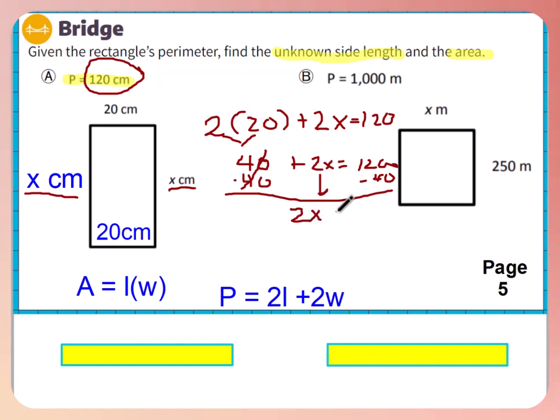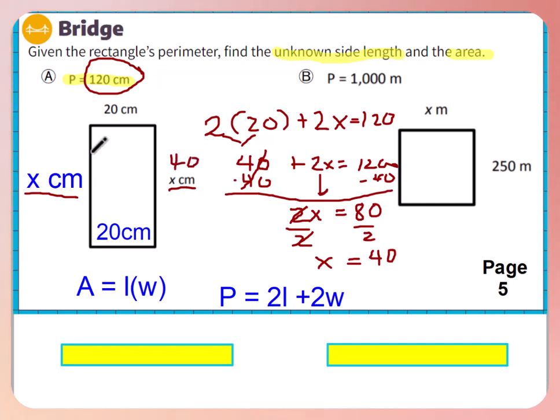Bring down your equal. 120 minus 40 is 80. And then finally divide both sides by 2. 2 divided by 2 is 1. That's going to be 1x is equal to 80 divided by 2 is 40. All right, so x is equal to 40.